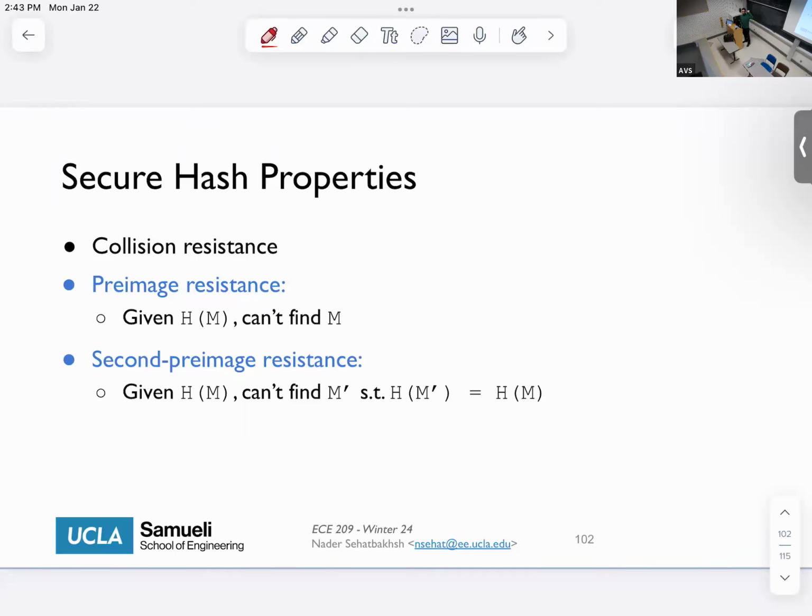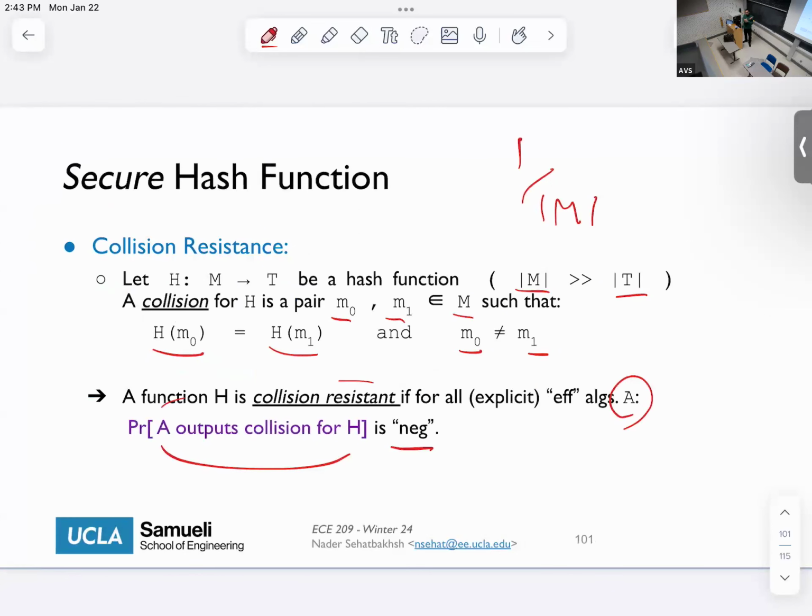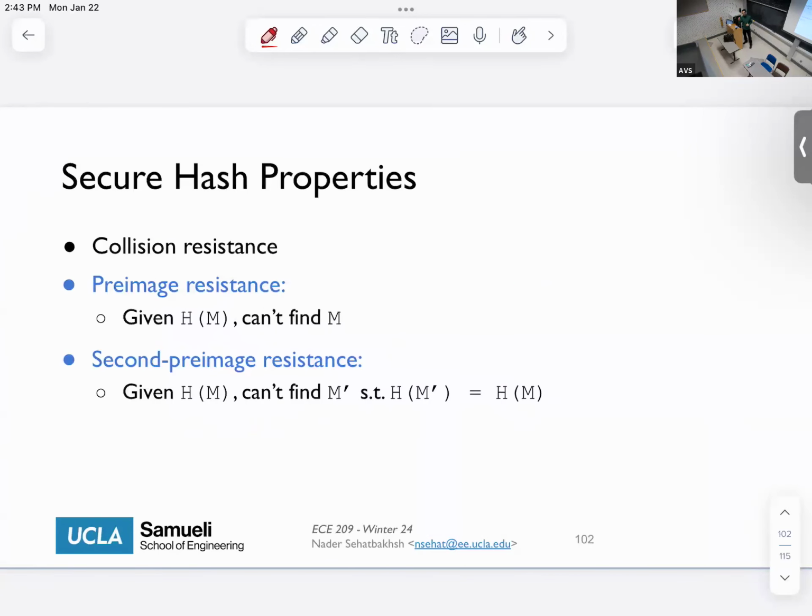So for example, if I send you this hash, you cannot find another message that has the same hash. Collision resistance says that for any two messages, it's not tied to this particular hash, just give me two messages that have the same hash. You cannot find that. And if you cannot find that, that's what we call collision resistance. So second pre-image is a slightly weaker notion of secure hashes.